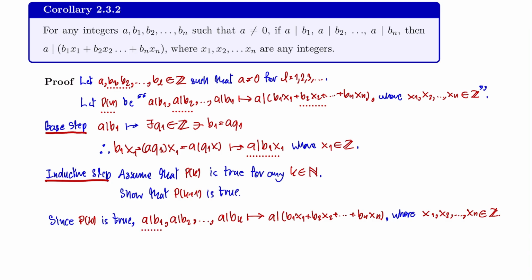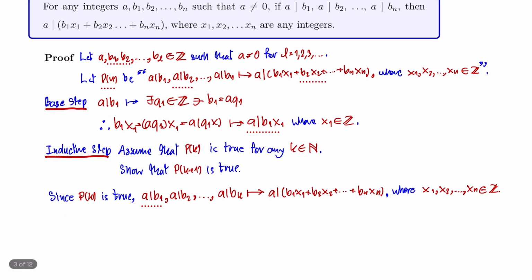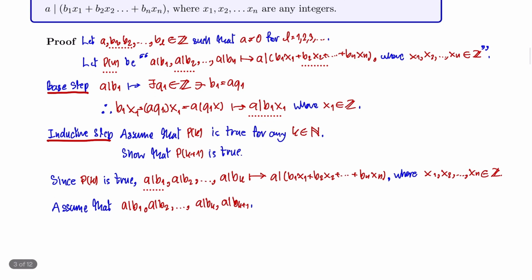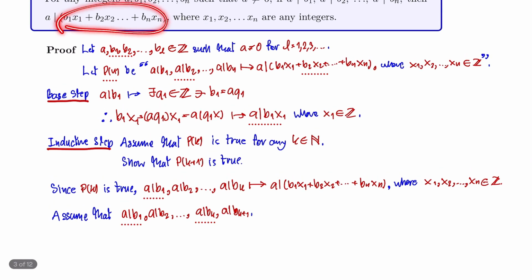What can we do with this? I want to show that Pk plus 1 is true. So I have to assume that a divides b1, a divides b2, all the way to a divides bk, a divides bk plus 1. Assume this one and try to write this term.